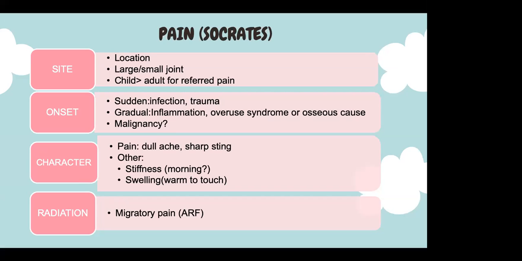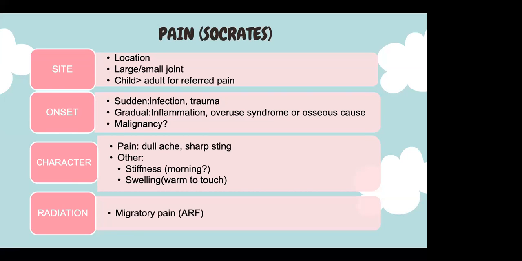C is character. It is helpful in an older child or adolescent because basically they can describe the character of the pain. So if the pain is dull, achy, then you might think about deep tissue pathology.